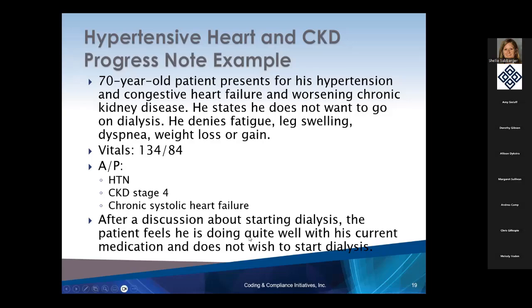So our 70-year-old patient presents with hypertension, congestive heart failure, and worsening chronic kidney disease. He doesn't want to go on dialysis, no fatigue, leg swelling, etc. Vital signs. Our final diagnosis. So we can look here in our assessment and plan, and we can see that the provider did not document the hypertensive chronic kidney disease and heart disease to the highest level.